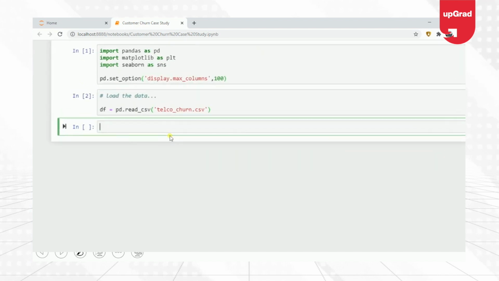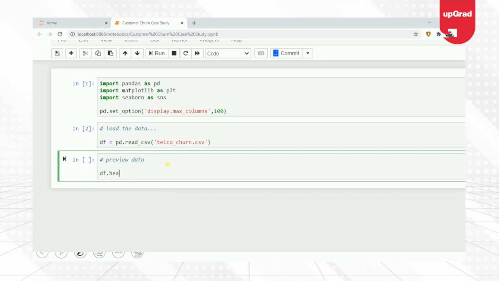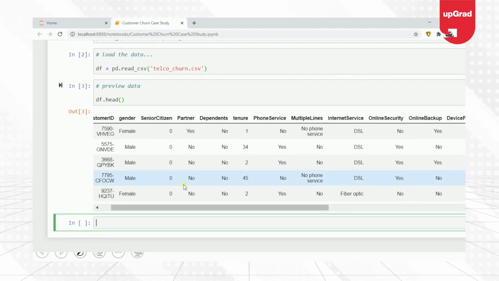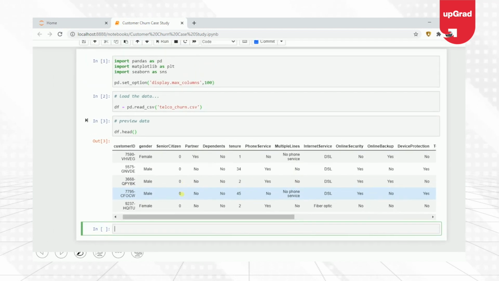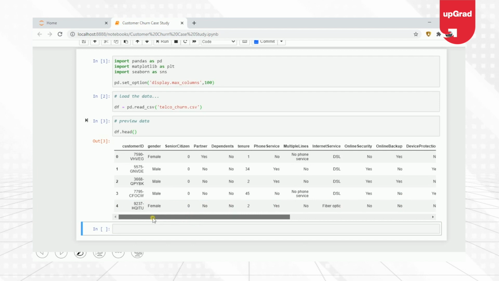Here we have successfully loaded the data, and let us have a preview of the data by calling the head function. Now this is a preview of the data here. This telco churn data is easily available over the internet, or you can refer to the Kaggle platform to get access to this data.